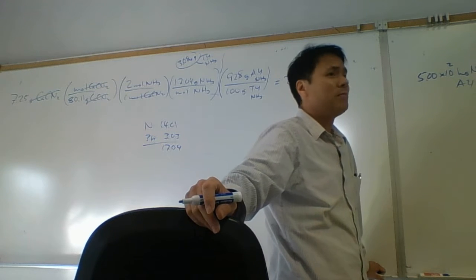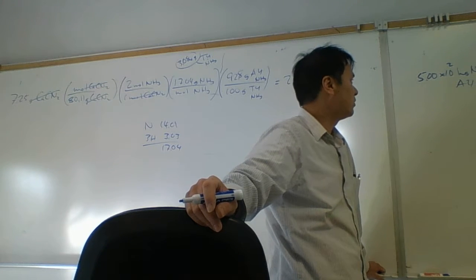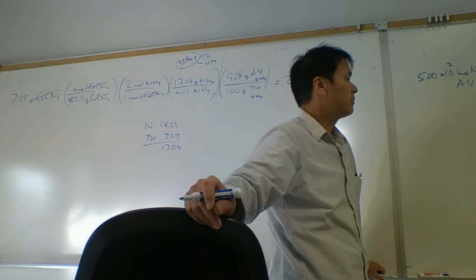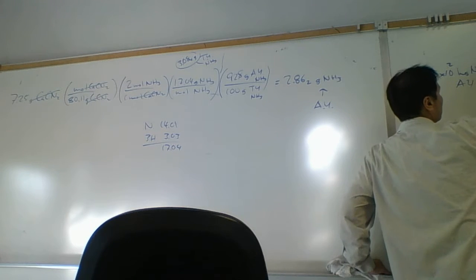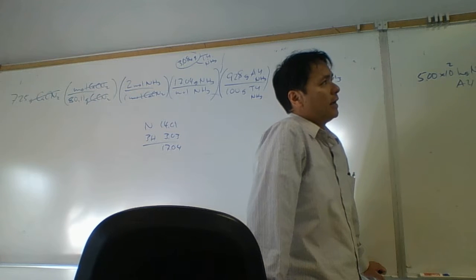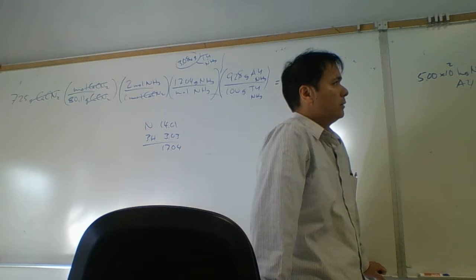So in theory, how much should I make? If I want 500 kilograms net, then I'm going to have to produce more because I'm going to lose some. So how much? Well, I have an 88.8% yield.